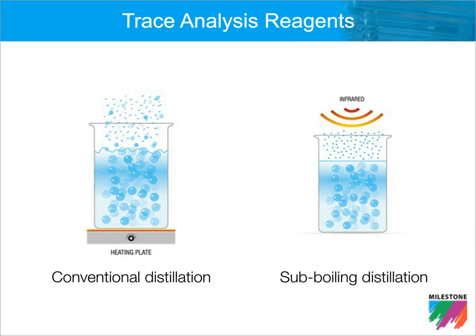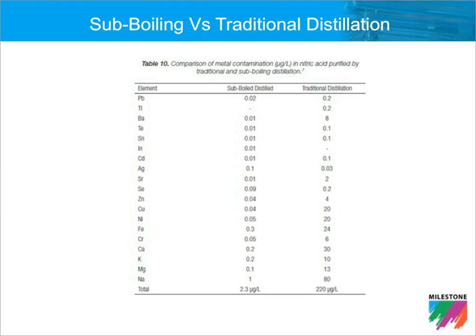Simply a visual that you can see here in this slide. On the left, you have conventional distillation. Again, we are boiling or bubbling the reagent, transporting contaminants to where we're recondensing and collecting the acid. In sub-boiled distillation, we are simply gently heating the surface of the reagents, giving off purified vapors while the contaminants stay in the reservoir.